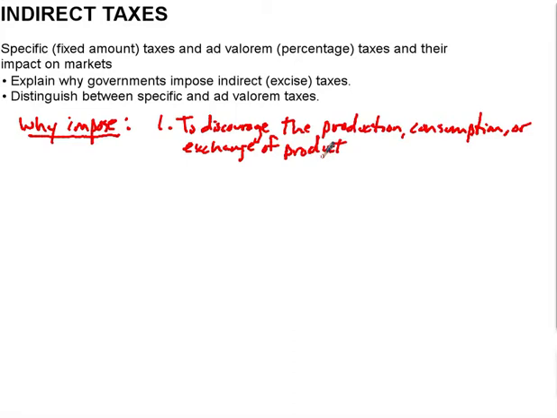We're going to see that for inelastic products, it'll discourage consumption, but not by a whole lot. And so let's look at a cigarette tax. All right, so a cigarette tax is a per unit tax, and let's look at something called S-chip. This was back in early 2009, and this was one of Obama's first big bills that he got through.